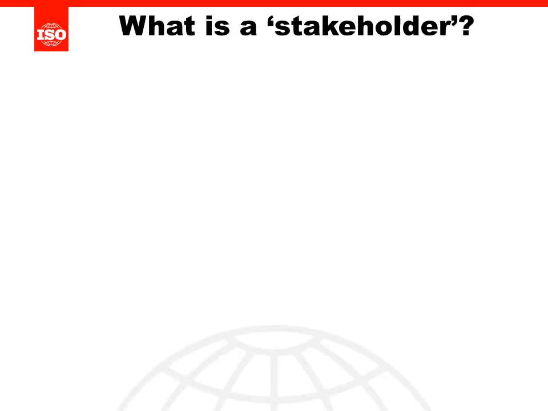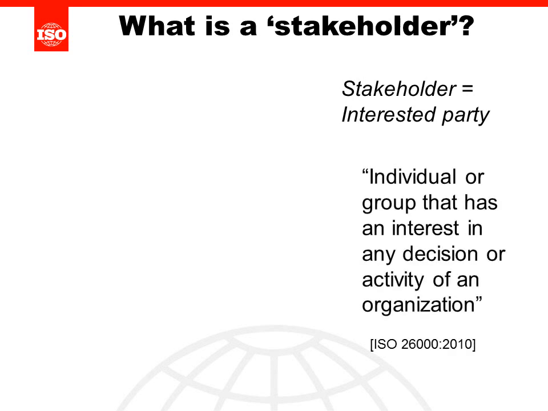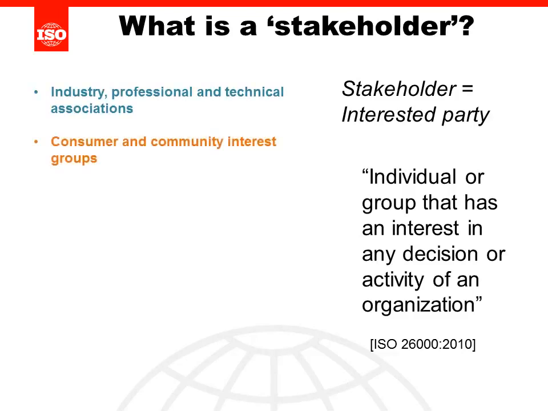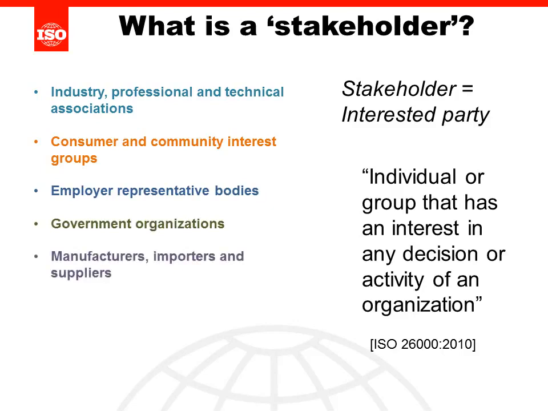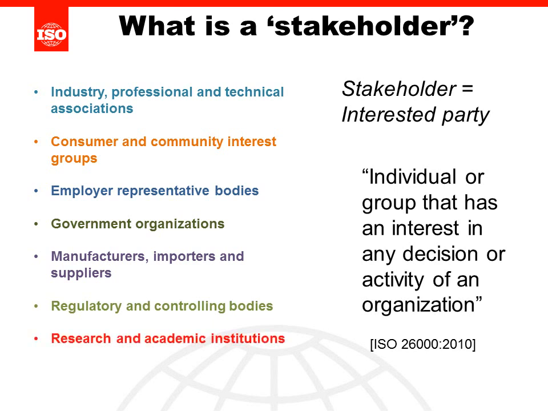A stakeholder can be defined as an interested party. It's basically an individual or a group that has an interest in any decision or activity of an organization. Some of the organizations that could be of interest include industry, professional, and technical associations, consumer and community interest groups, employee representative bodies, government organizations, manufacturers, importers and suppliers, regulatory and controlling bodies, research and academic institutions, union and employee organizations, just to name a few.